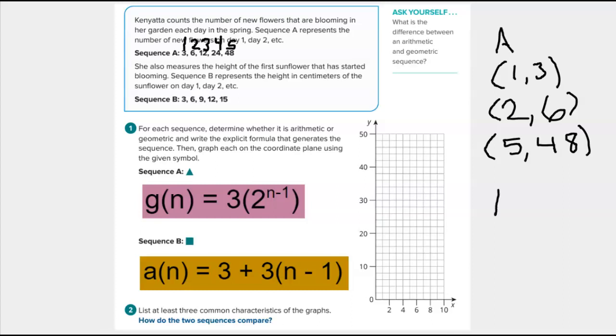In sequence B, you still have terms 1, 2, 3, 4, and 5, but this is an arithmetic sequence. So this one starts off with point 1, 3. It also has point 2, 6.